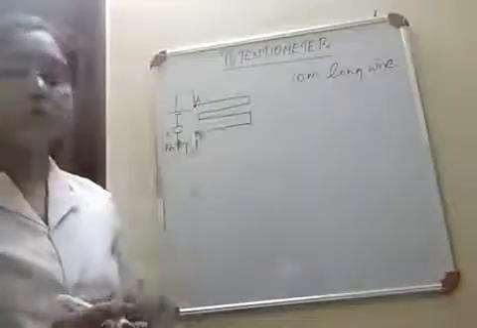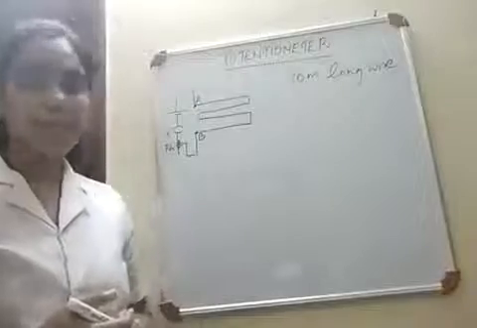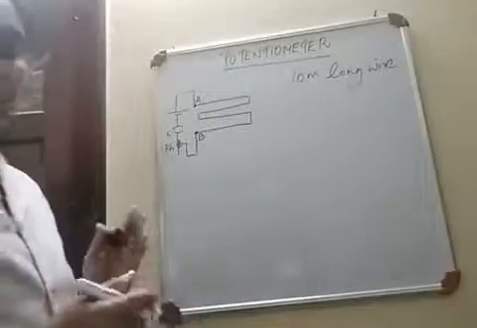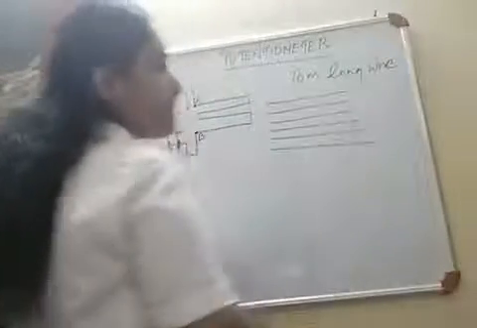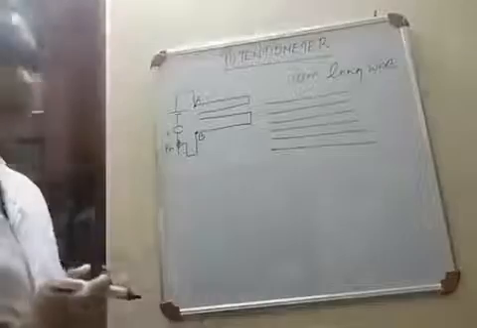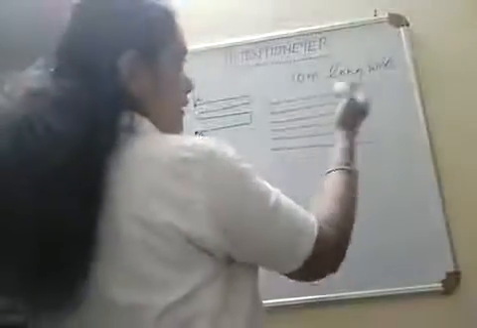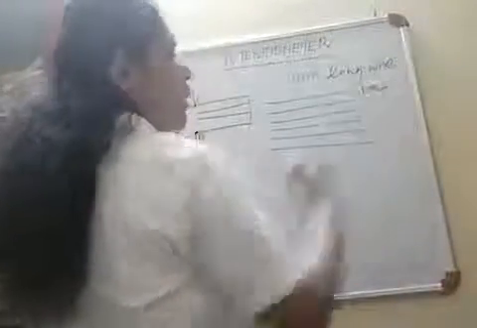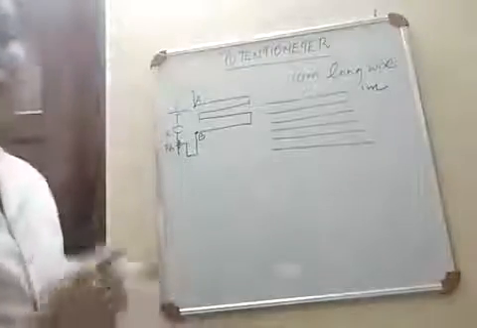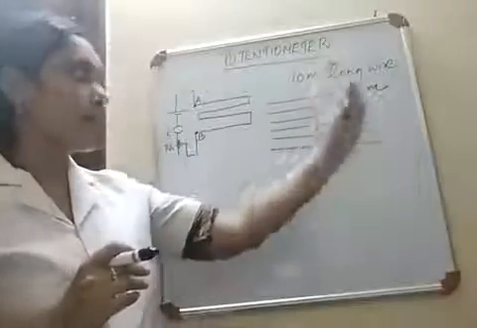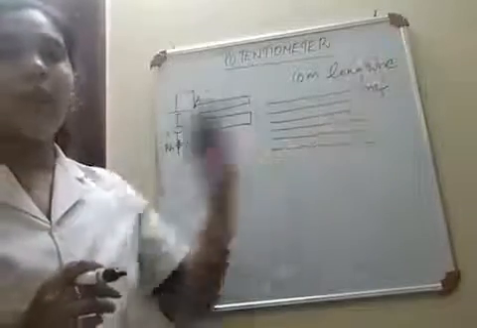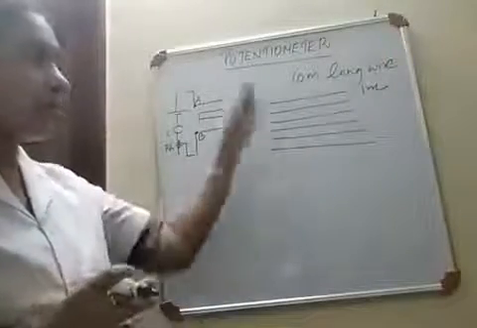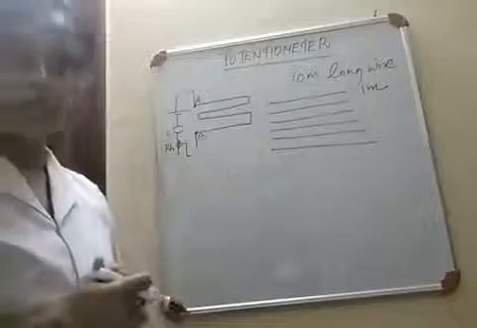The length of the potentiometer wire is 10 meter, and this 10 meter wire is arranged as 10 parallel strips like this. The length of each strip is 1 meter, so we have 10 such strips on the wooden board.